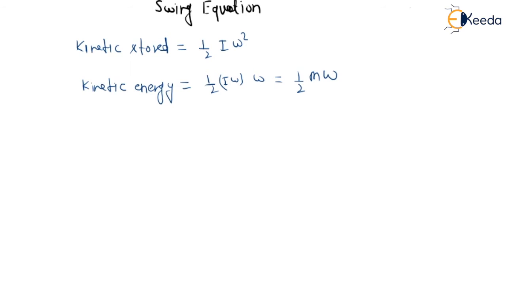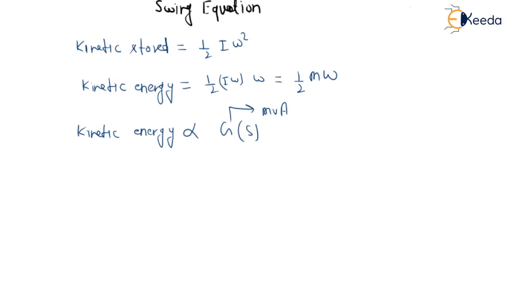We also know that the kinetic energy is directly proportional to its rating. Its rating means G or S, in MVA. The larger the generator in size, the higher the MVA rating, so the higher the kinetic energy.